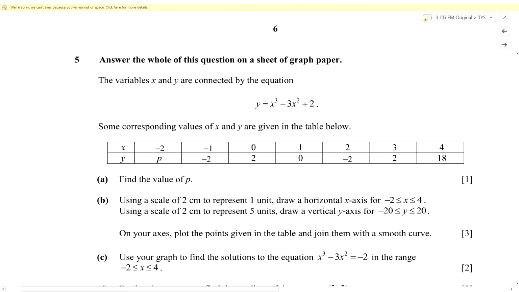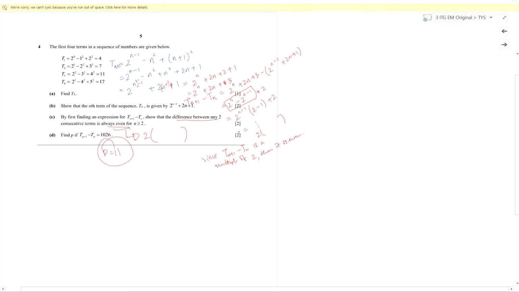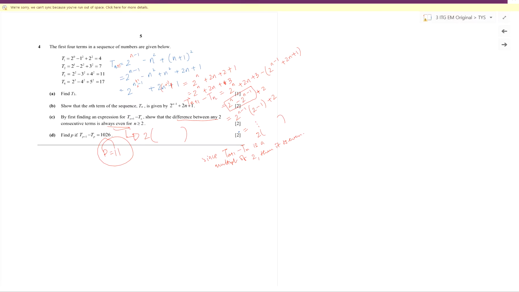Graph question. Find the value of P. P is negative 18. P is 11. P is 11, not 10. Do a substitution, you will see that it is correct.